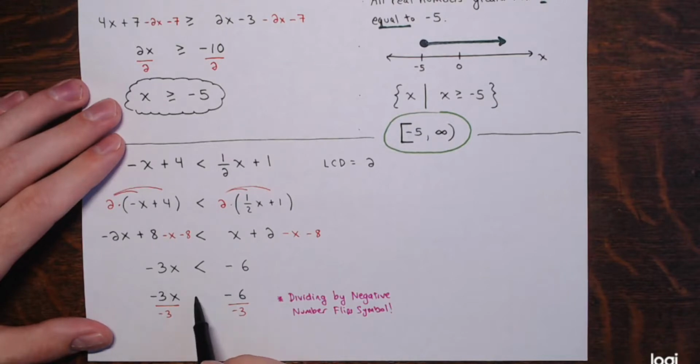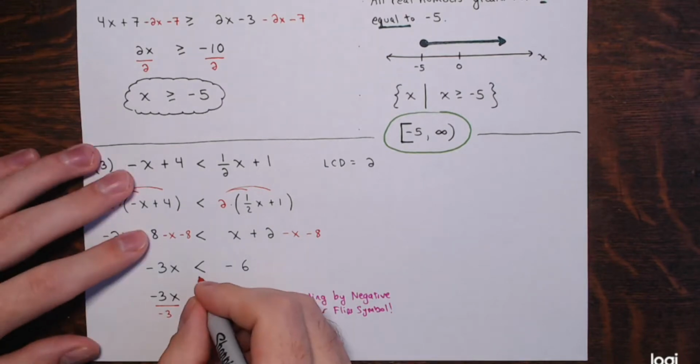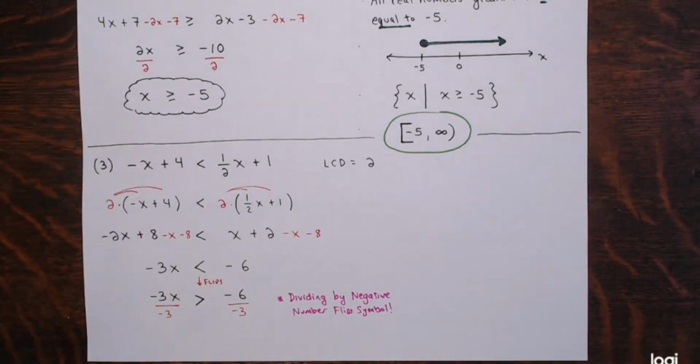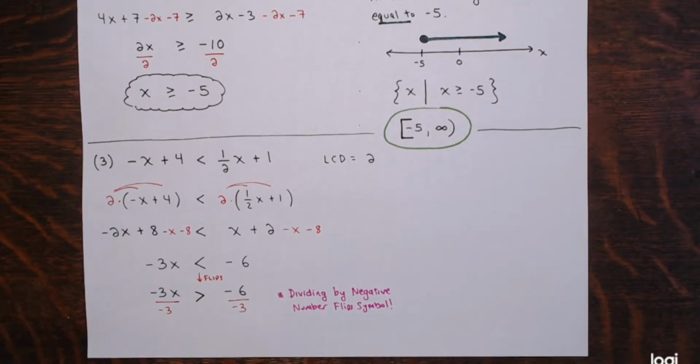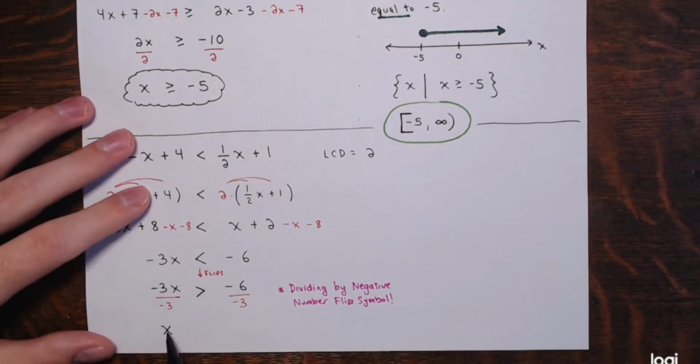This becomes is greater than. And one more time, I'll even write it here. It flips, because it changes direction because of this division of both sides by the same negative number. All right, and now we have x on the left. Now it says greater than, and then negative 6 divided by negative 3 would be positive 2 on the right. And here you go.